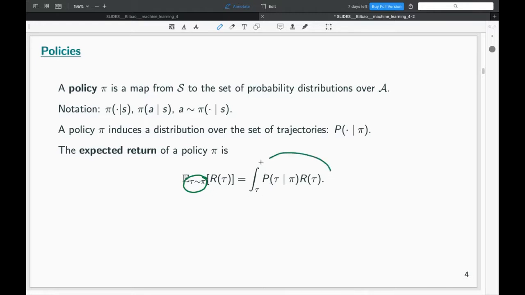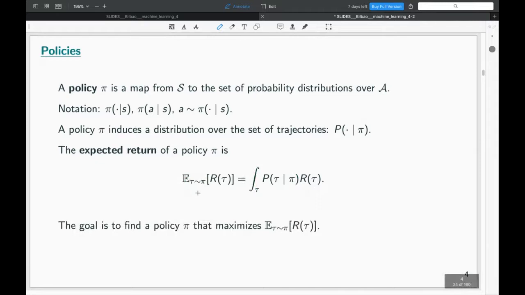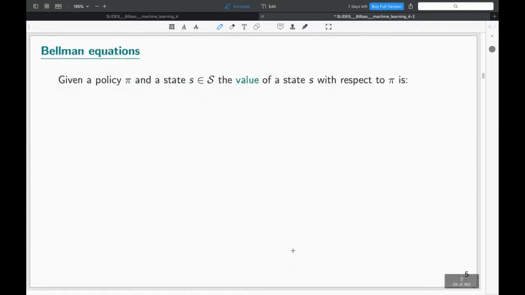So the weighted sum of the returns of trajectories weighted by the probability assigned to them. So it's just the average return of the policy. And the goal is to find a policy that maximizes this expected return. The policy that maximizes it is called optimal, and we denote it by pi star.